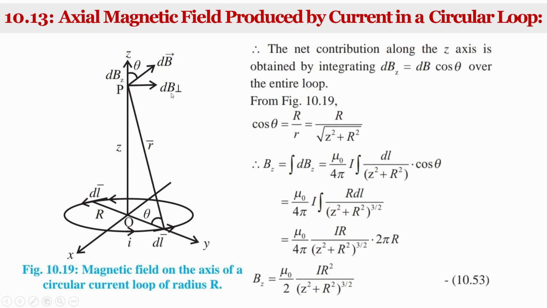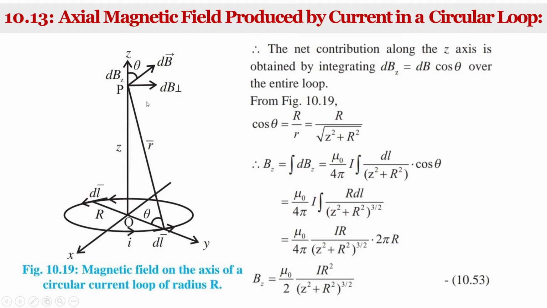So the dB perpendicular component is to be neglected, or cancelled out. Only the z components remain; they are in the same direction, so they are added, while the perpendicular components cancel out.